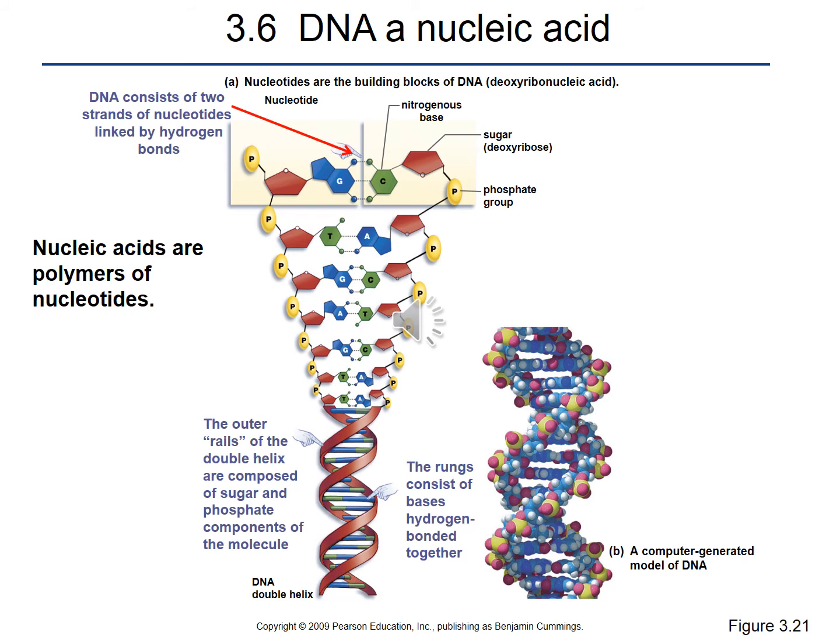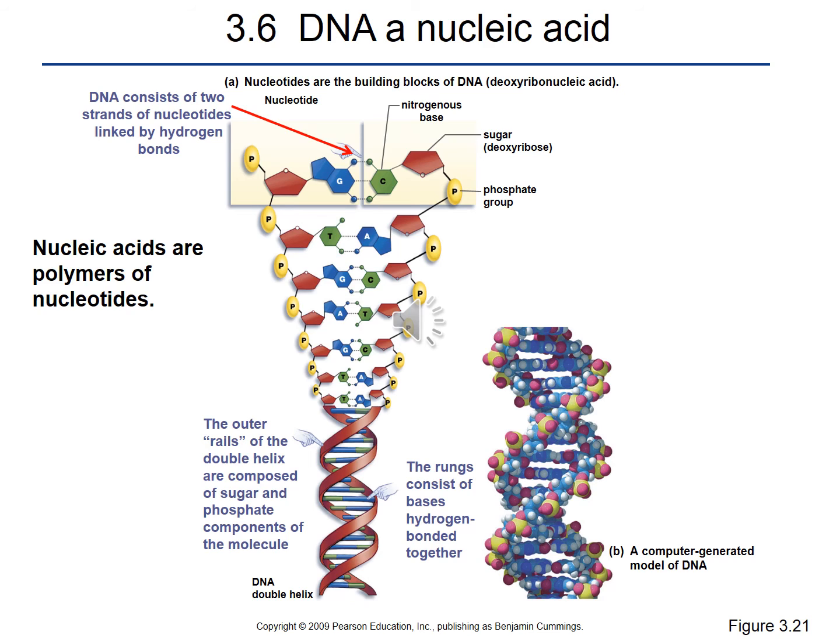Okay, so the way that the double helix is put together, the way that it looks on the outside is the sugar phosphate backbone. It's repeating units of phosphate, sugar, phosphate, sugar, all the way down the outside. So we tend to depict that with a ribbon. So that's the rails of the double helix.